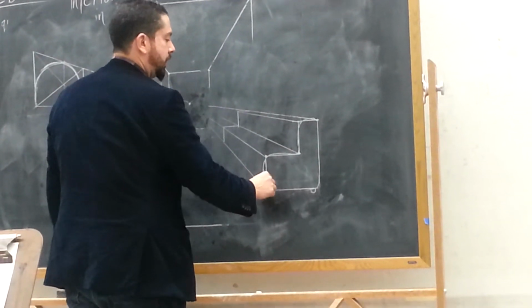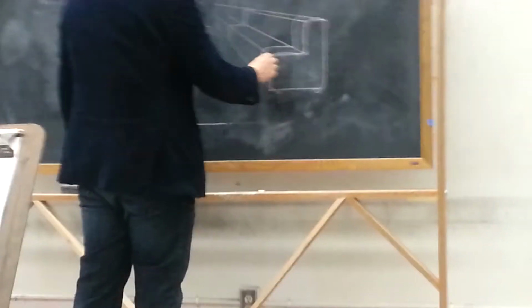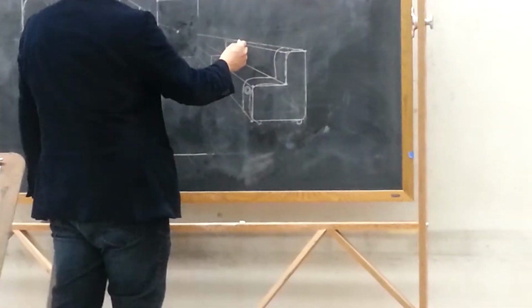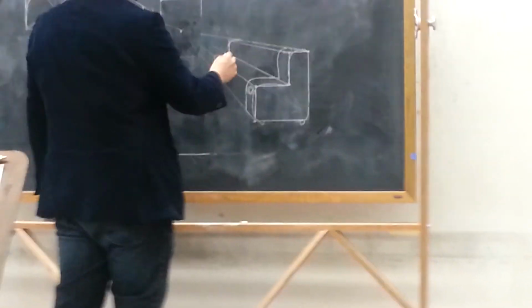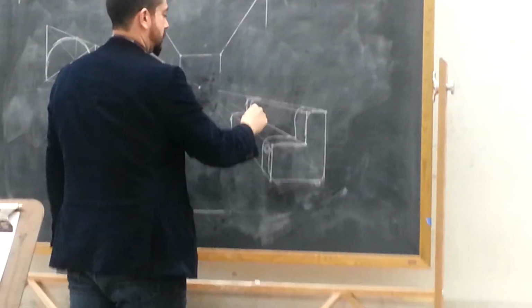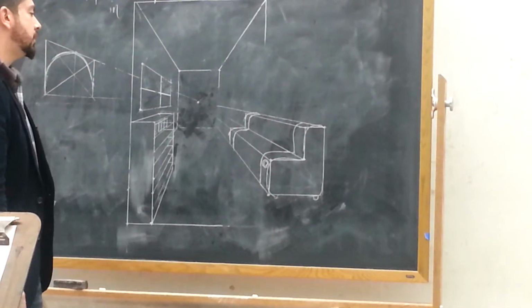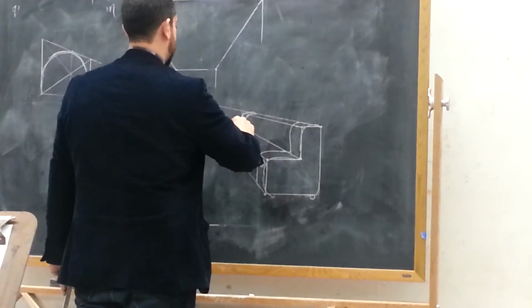You start off with a box, but then that's an armrest. Of course, we have to do that to the other side. What a nice love seat.